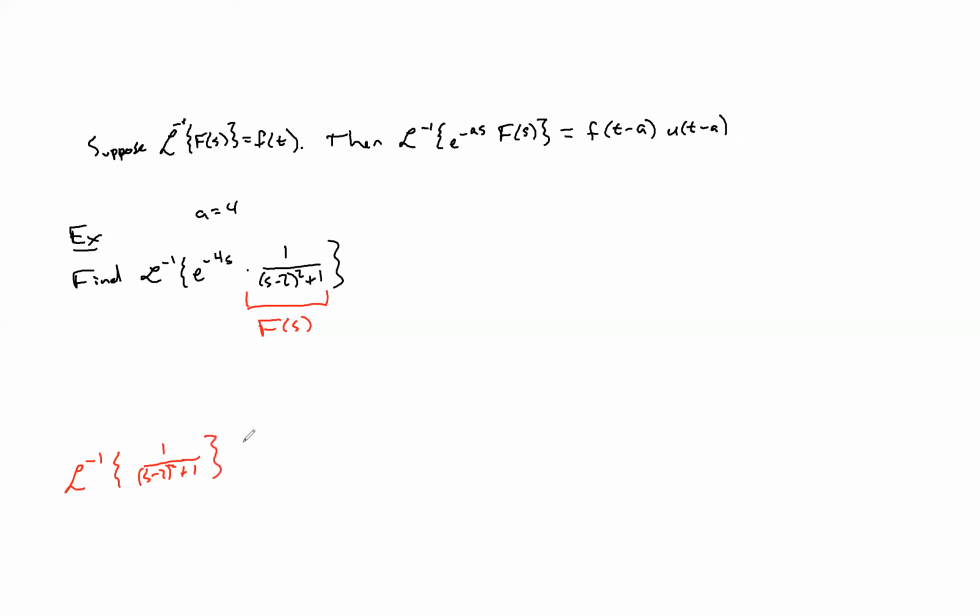Again, look in your table of Laplace transforms, and you see that this fits that e to the at sine bt case. So here b is 1 and a is 2. So I have e to the 2t times sine of t.